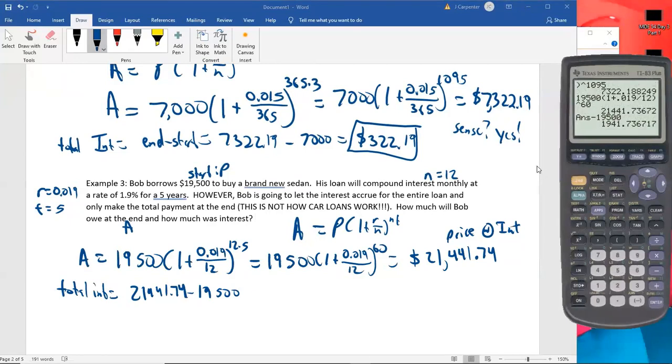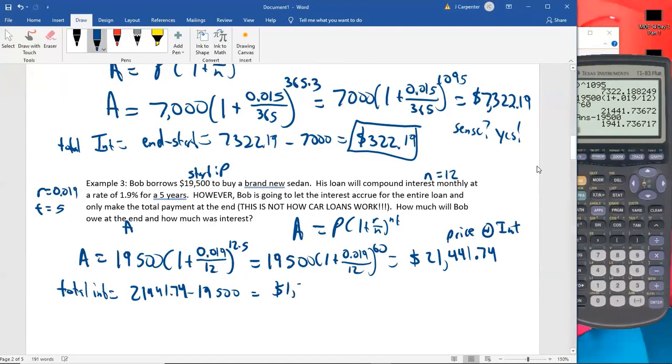And we get $1,941.74. There we go. There's our total interest. That's how much money Bob's friend made for doing this weird loan that, again, is not how things would normally be done. I don't know how many times I have to say that.